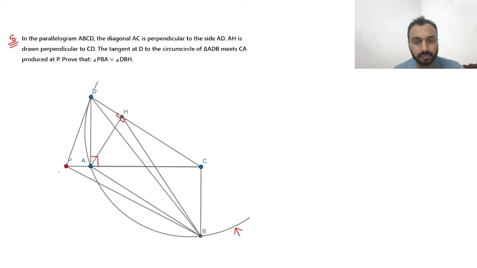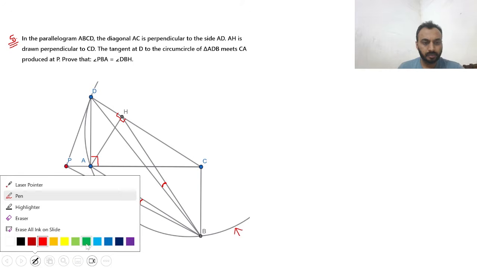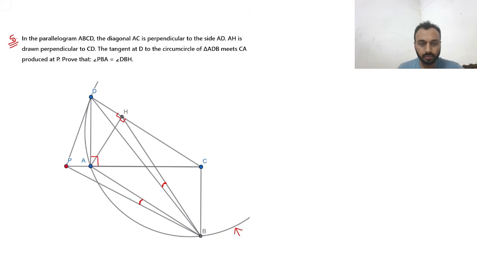Prove that angle PBA is equal to angle DBH. So these two angles we want to prove equal. Now we can see one thing: rather than proving them equal, we can also try to prove these two equal, because this part is the common angle between them.